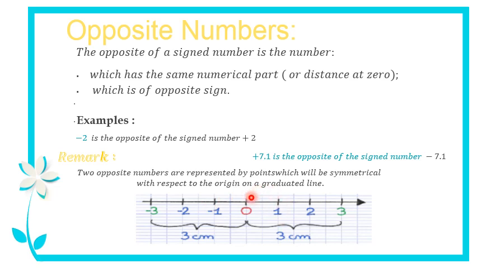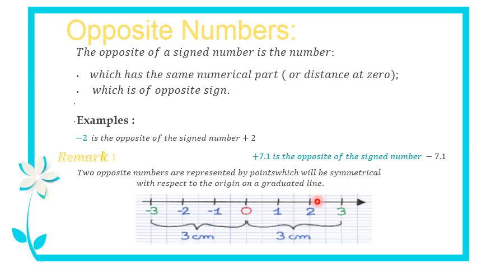Look, they have the same distance from 0, but 1 is to the right while -1 is to the left. Again, +2 is opposite to -2. -3 is opposite to 3. I say that 3 is symmetrical to -3 with respect to O. In other words, O is the midpoint of the points placed on abscissas -3 and 3.